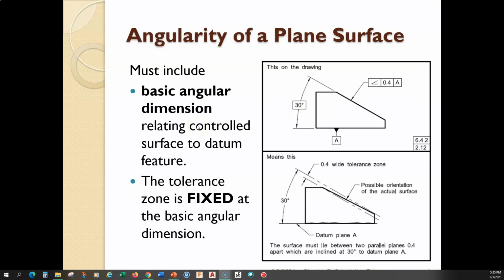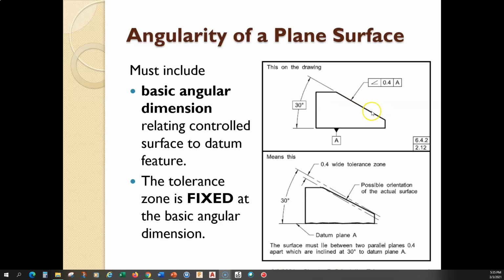All right, so let's first look at angularity. The angularity of a plane surface, and you can see the application here. So we have a shape with a wedge and an inclined surface right here.